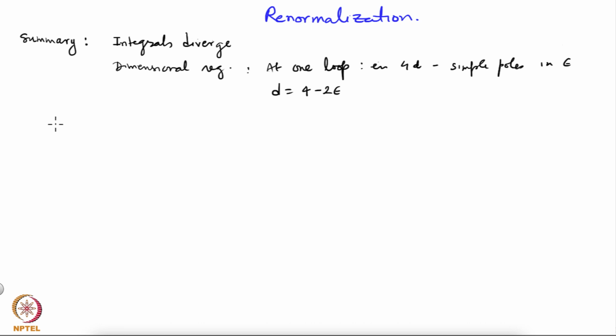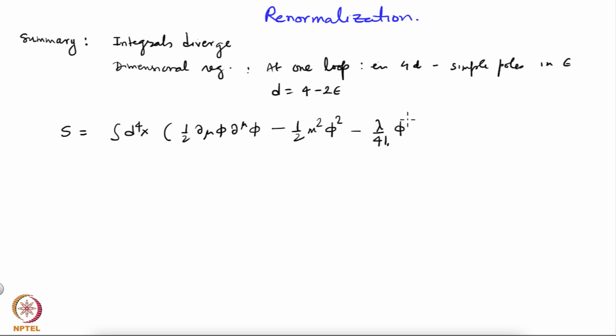So again, all the work that I'll do will be in the phi-4 theory, whose action is the integral d4x of half del mu phi del mu phi minus half m squared phi squared minus lambda over 4 factorial phi to the 4.